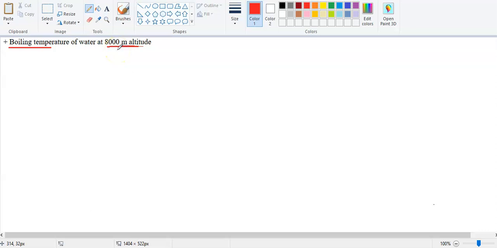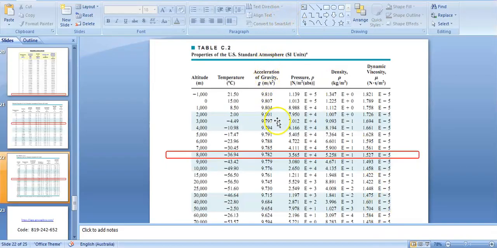Now what I said, if you can remember, water starts boiling at atmospheric pressure. So if we know the atmospheric pressure at 8,000 meter of altitude, then we will try to find out the corresponding pressure for that atmospheric pressure. So let's have a look at this table.